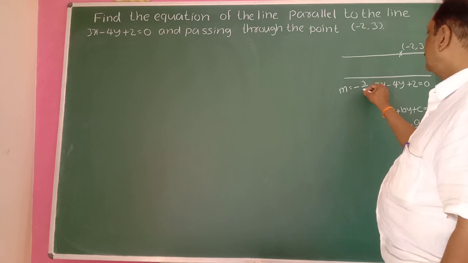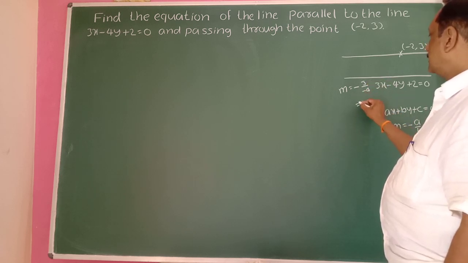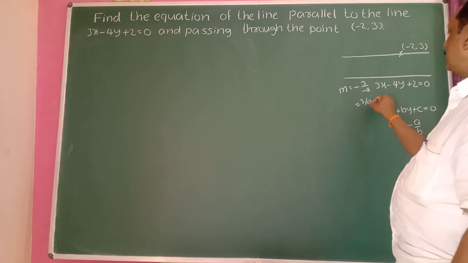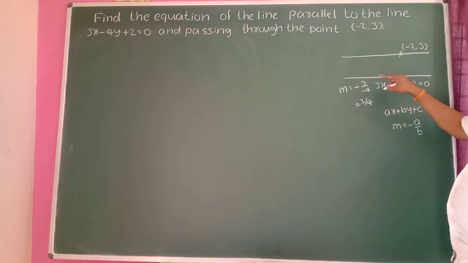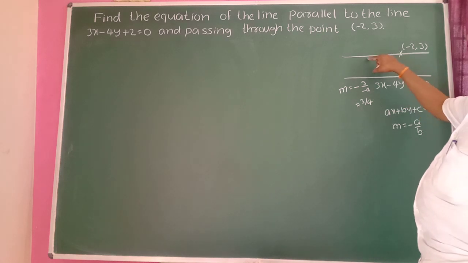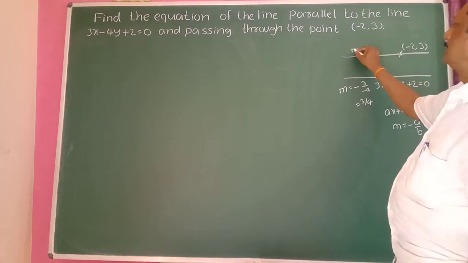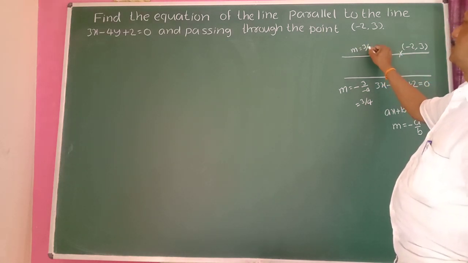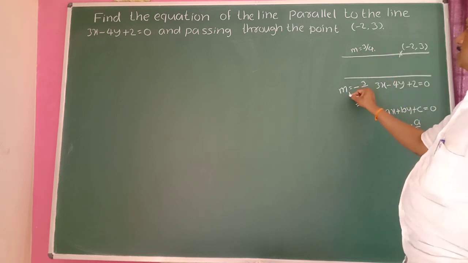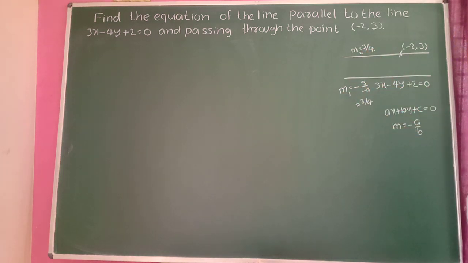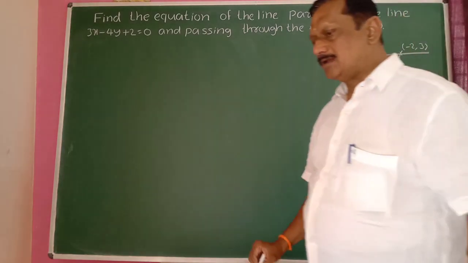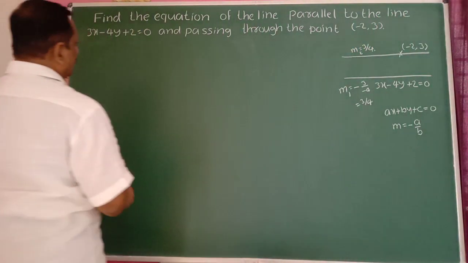Minus upon minus becomes plus, hence it is 3 divided by 4. If the slope of this line is 3 by 4, then the slope of the required line is also 3 by 4, m is equal to 3 divided by 4, because both are parallel to each other. If lines are parallel, then slopes are equal.